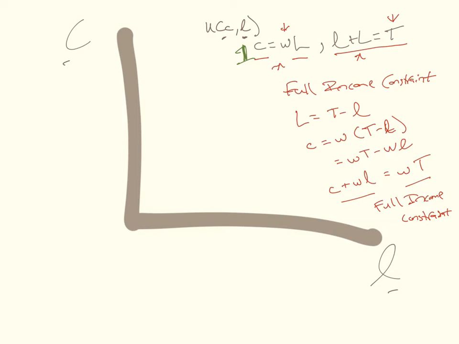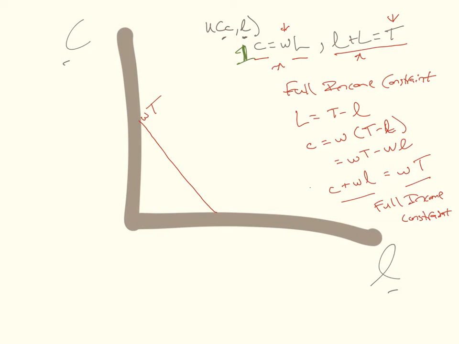Now to do this graphically, I can just draw my full income constraint in consumption-leisure space. So notice if I consume no leisure, the amount of consumption I can afford is WT.